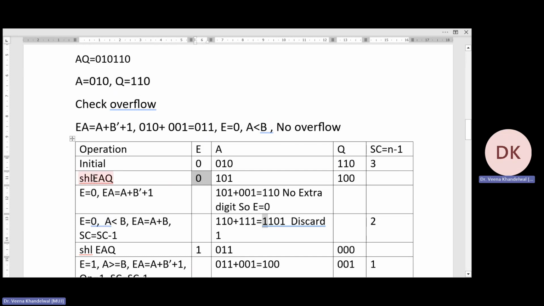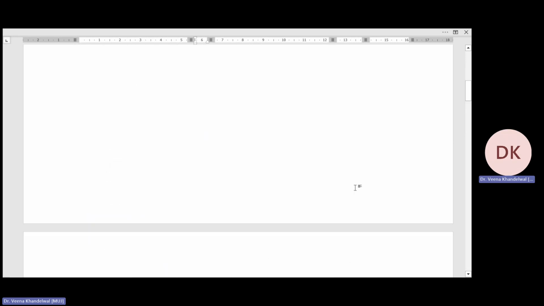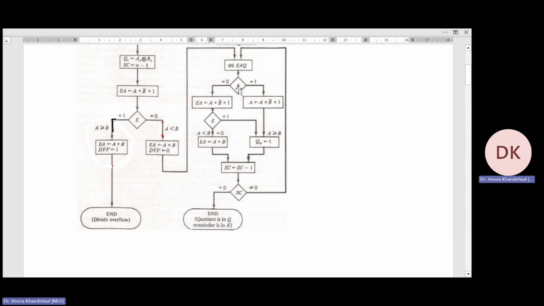So after performing shift left, either E is equal to 0 or E is equal to 1. Either way, we add the 2's complement of B to A, as per the algorithm, and then check whether E is equal to 1 or 0. Because E was equal to 0, we will proceed on this path.